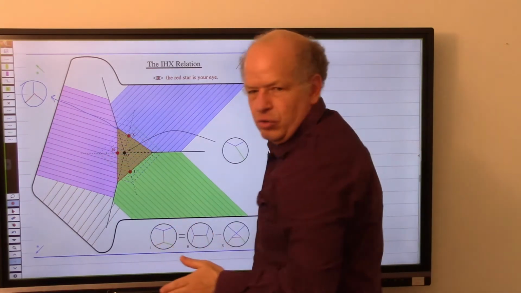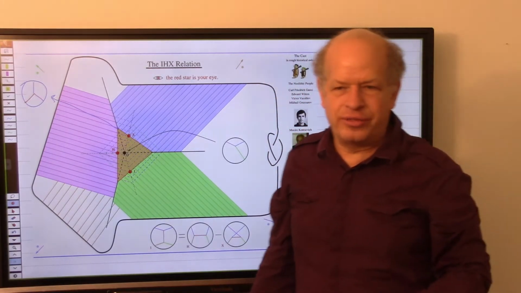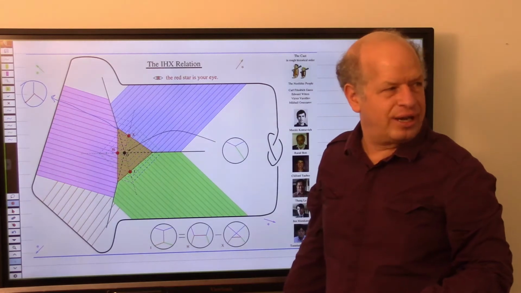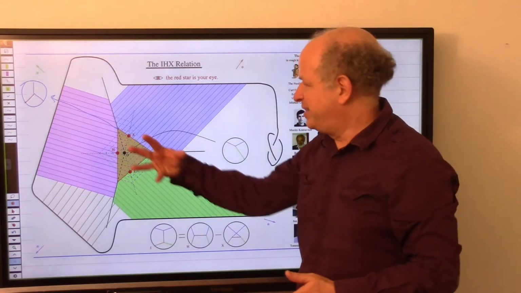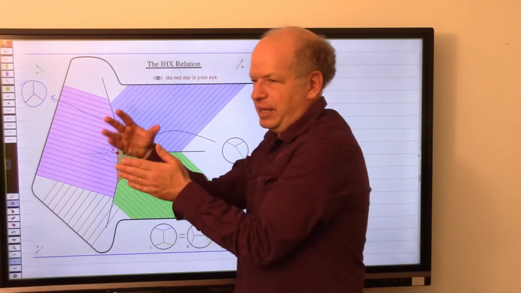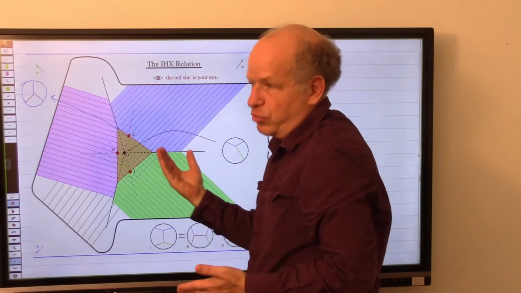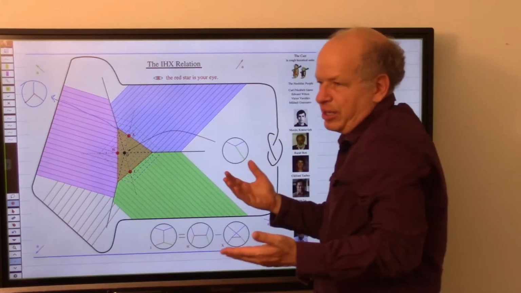I wish I had thought of it in advance, but basically it looks like a cup, like a cone, a pyramid, an inverted pyramid.